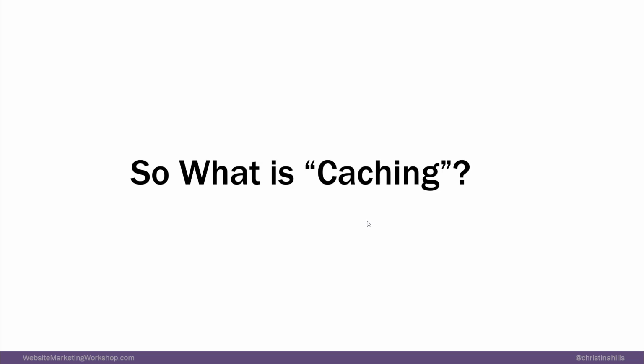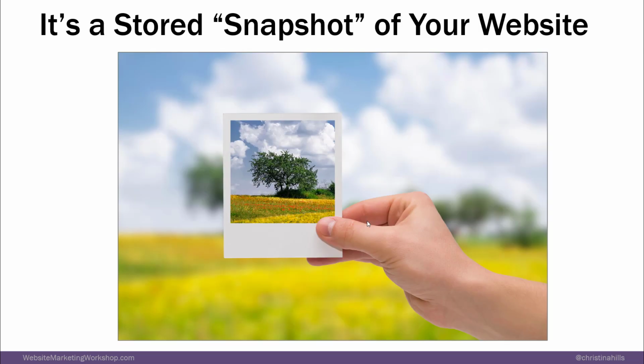So some people do, some people don't. All right, caching is like a stored snapshot of your website. For example, you're out in nature, you take a Polaroid, and it takes a picture of nature, but nature might be changing a little bit a few minutes later, right? Having a snapshot of your site makes your site run faster.